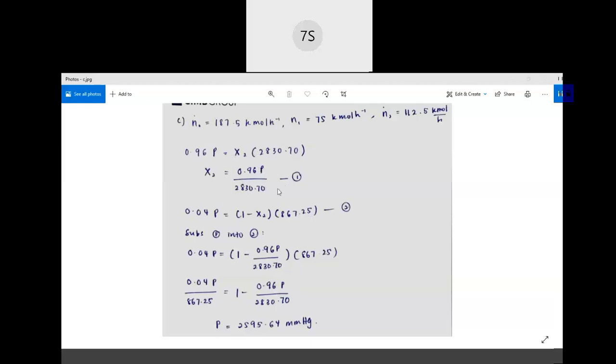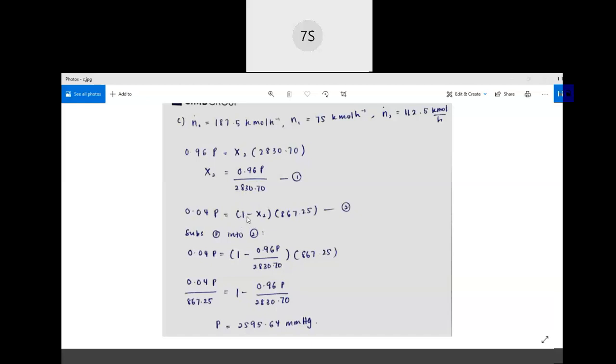And then the second equation for pentane, 0.04P equals, in bracket, 1 minus X2. This is because the summation of the molar compositions equals 1.